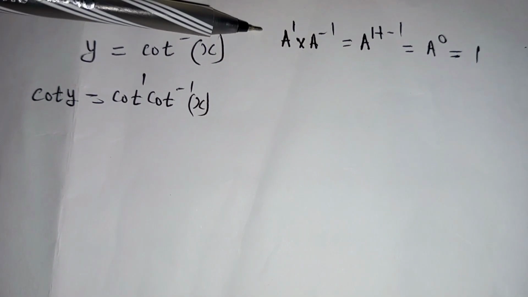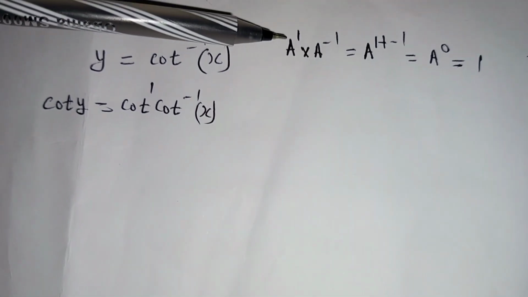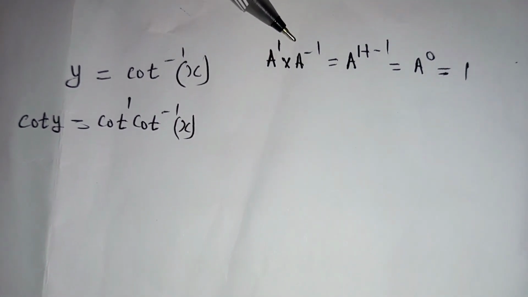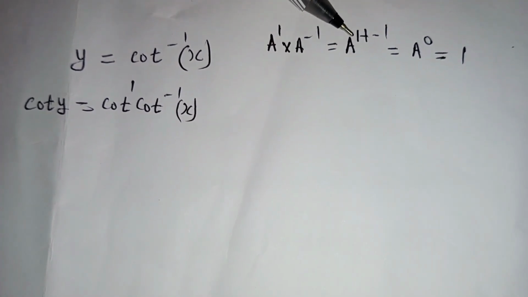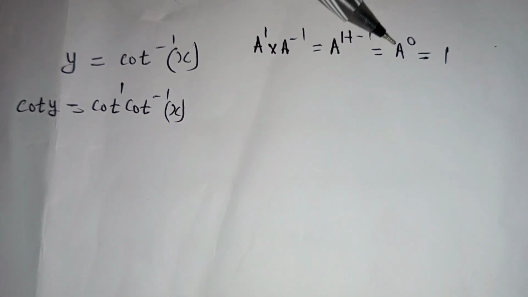Then we make use of this identity whereby if you have a power 1 multiplied by a power negative 1, when the bases are the same, you add the index, so you have 1 plus negative 1, which is the same as 1 minus 1, which is 0. A power 0 is equal to 1.